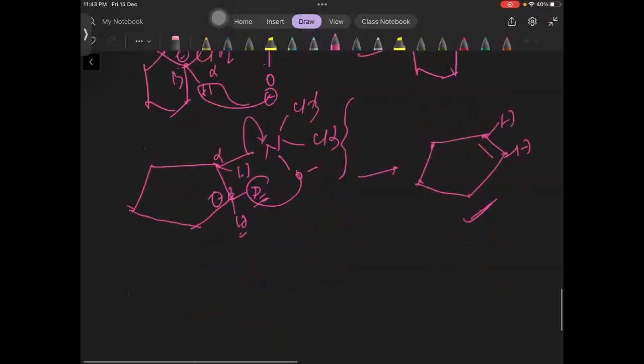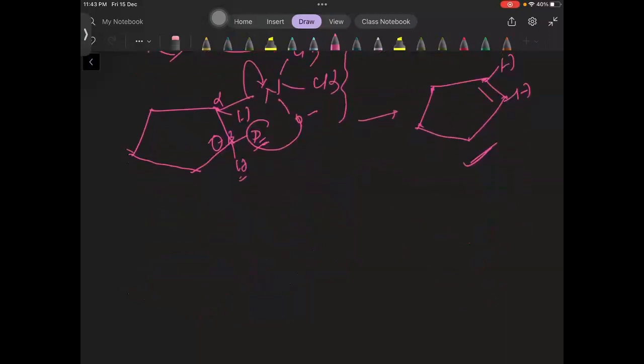Now, my one important question is here. My dear students, can you tell me, this compound that will form, will it go into the Cope elimination or not? You can observe here, students, this type of cyclic five-membered ring will not be involved in the Cope elimination. You know why?